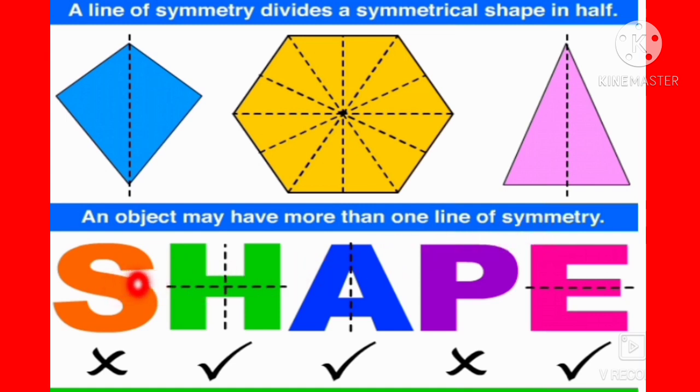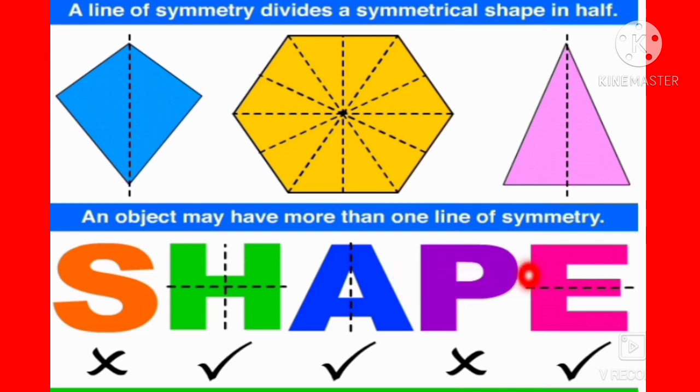Here the letters are given. Yes, it does not have a line of symmetry. And here the letter H has 2 lines of symmetry which divide the shape into 2 equal halves. And A has 1 line of symmetry, and the letter P does not have a line of symmetry.